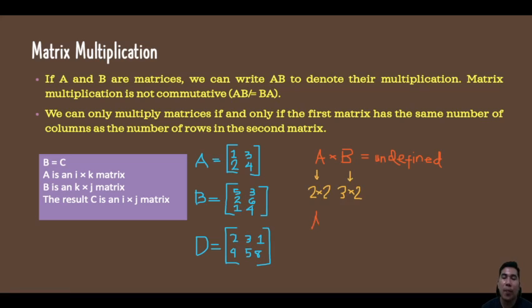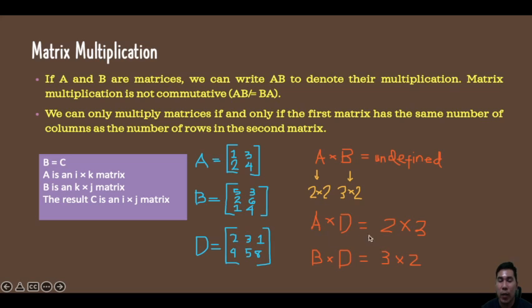Another example is A times D. In matrix A, the number of columns is 2, and for D, the number of rows is also 2, so it is valid.